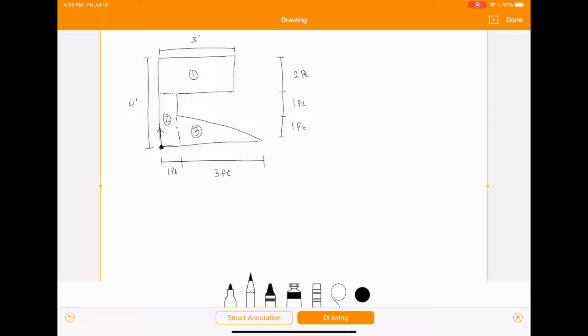If we establish this as our 0, 0, our origin, like on a graph, then our whole shape is going to be in the positive quadrant, so we don't have to worry about negative coordinates, which I like to avoid if I can. So we'll identify that as our datum so we can remember. And then I'm going to make a table.